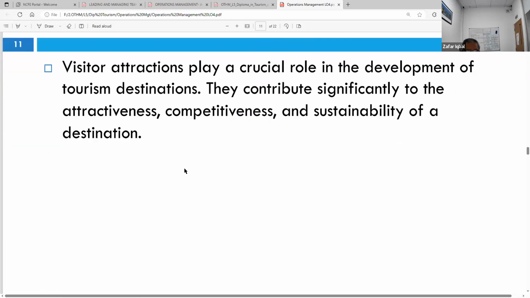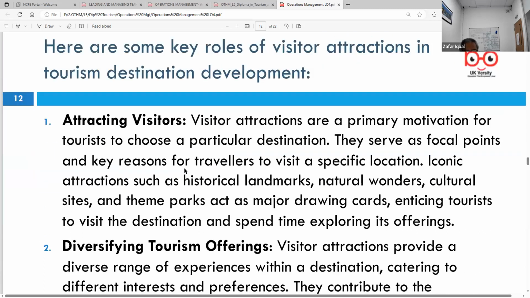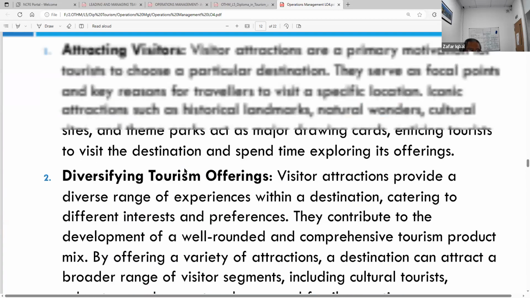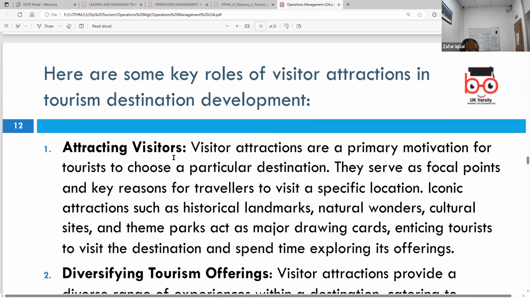They have a very important role to play, in the sense that they provide a lot of money, a lot of finance. They spend a lot of money coming into the offerings, coming into the place to visit.